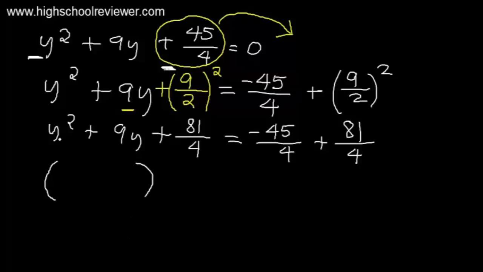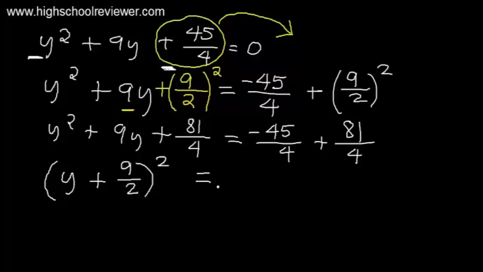Okay, so the square root of y squared is y. And then since this is positive, this will also be plus. And the square root of 81 all over 4 will be 9 all over 2. And then you raise this term to the power of 2.